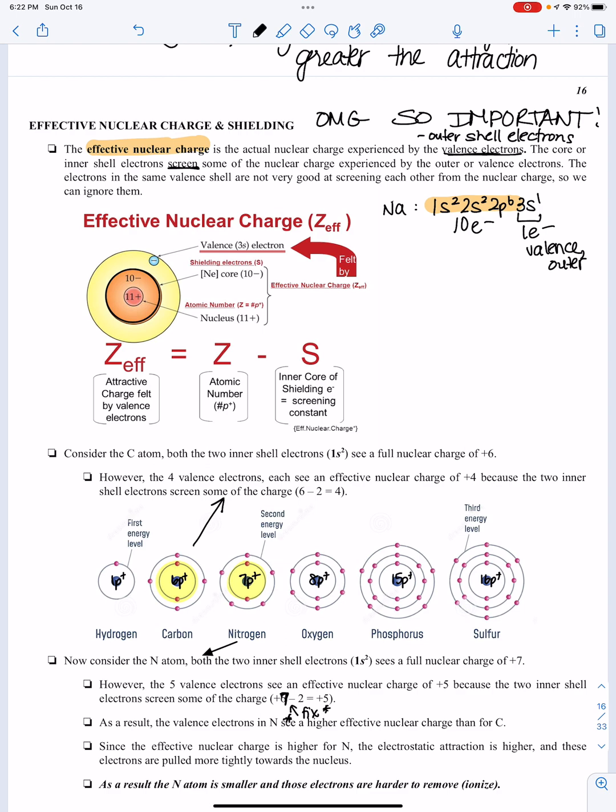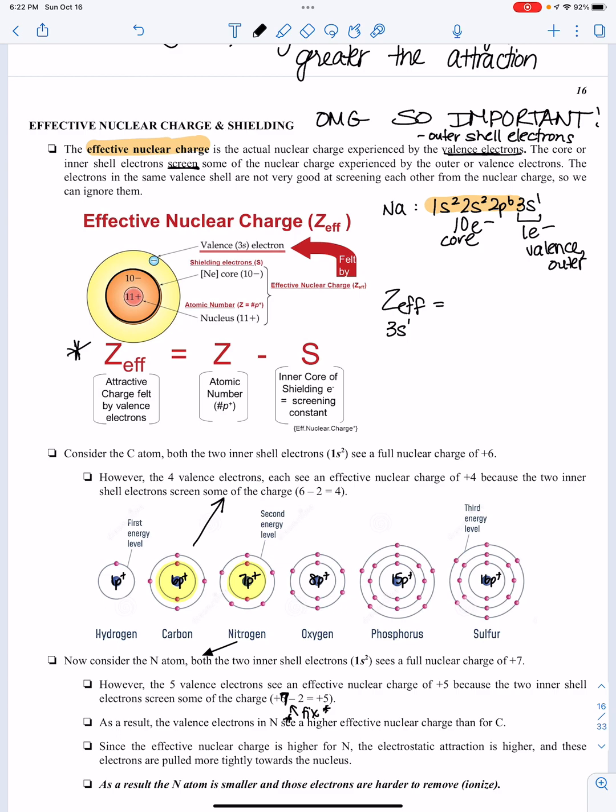We could calculate something quickly called an effective nuclear charge, like what the charge of this one electron's feeling, by using this quick equation. Z effective, which is known as effective nuclear charge, OMG know this, is the atomic number, or the number of protons, minus the number of core inner shell electrons. So if I'm going to calculate Z effective of this 3s1 electron, like what charge is it feeling?